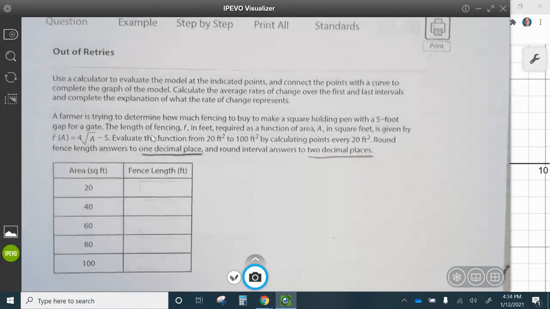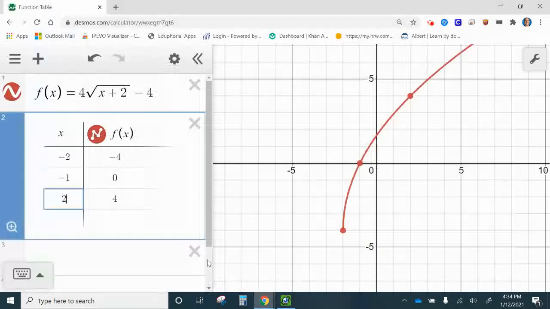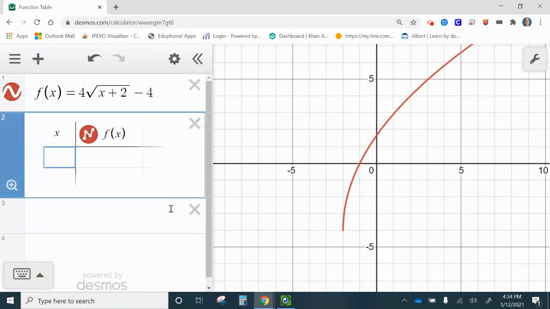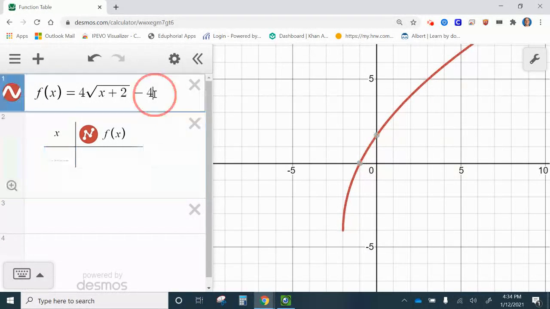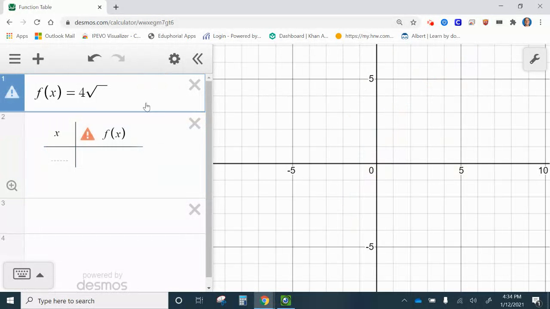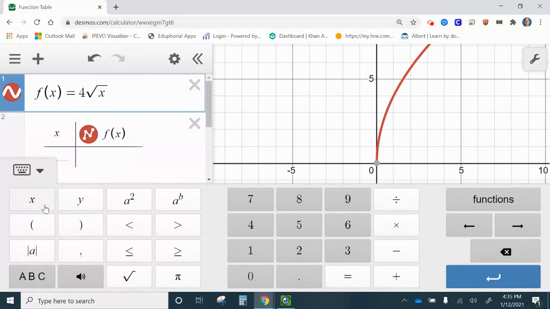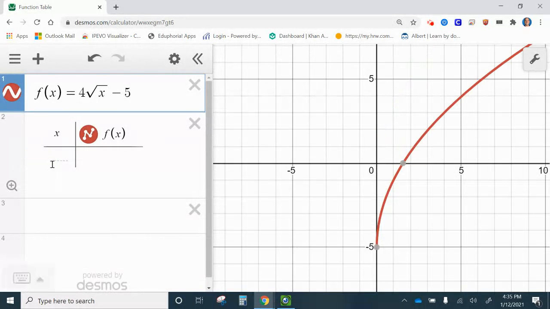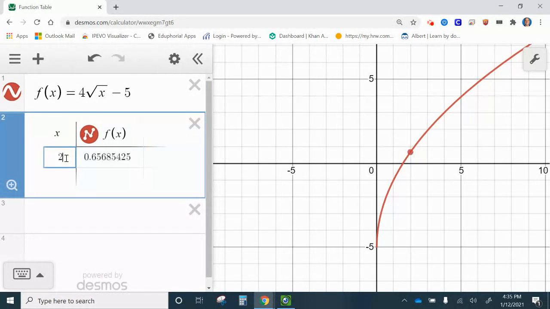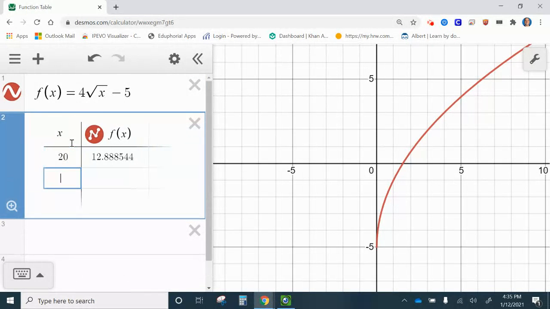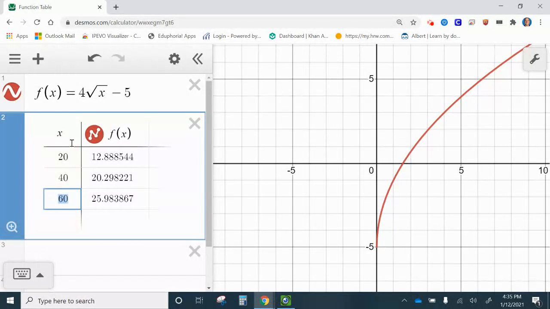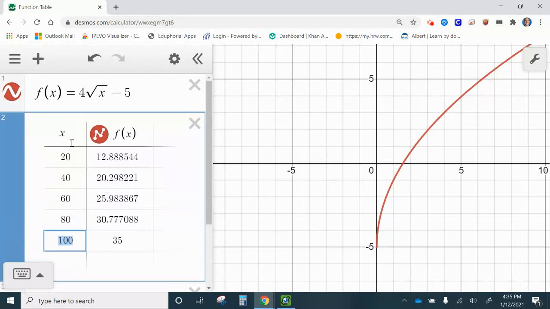Okay, so we're going to use this function. We're going to use the Desmos graph and table. We're going to change this to 4 times the square root of x, instead of A, minus 5. Then we're going to plug in 20, 40, 60, 80, 100.